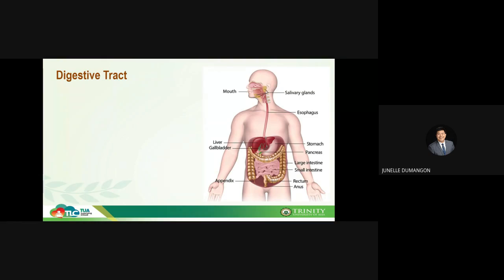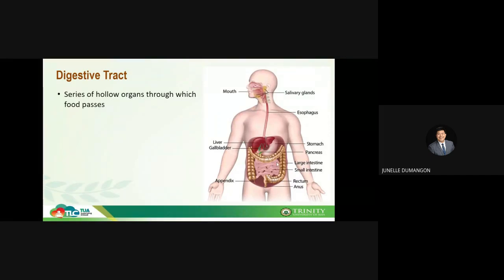So basically, the digestive system is similar to a long tube starting from our mouth, and it proceeds downwards through the esophagus, the stomach, the small intestine, the large intestine, until it exits through the anus.